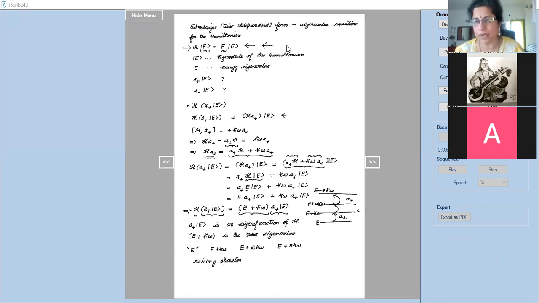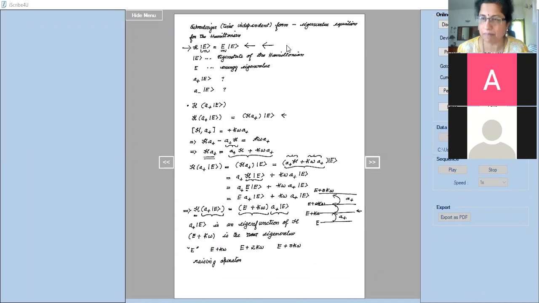Yes, ma'am. Okay, good. Any other doubts, please? Excuse me, ma'am. Yeah, please tell me. Ma'am, we have written a value for H, in the previous page.